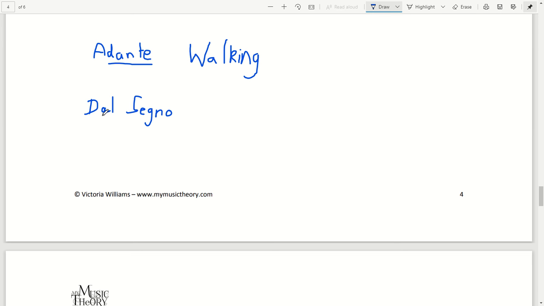Well, I'm guessing you've already pretty much worked out, you just have to change the dal segno into dal sino, and then you can know that it's sine, not singing, because a singing style would be cantabile.